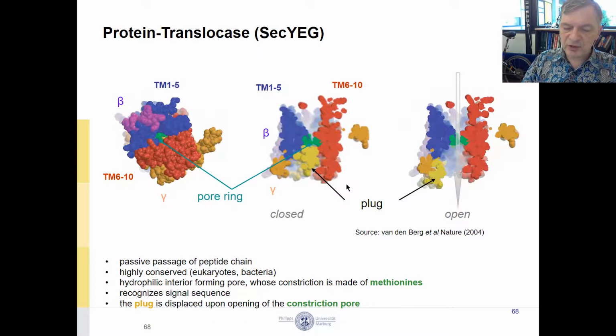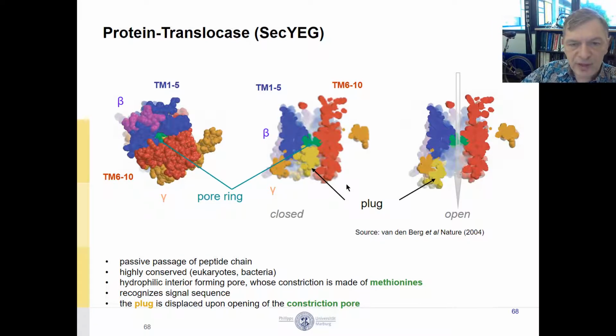But no ATP goes through, no sugar goes through, also not major amounts of cations go through the translocon. So it has to be able to allow the passage of the polypeptide chain, but nothing of any kind of soluble compounds. So that is an interesting requirement for the translocon.